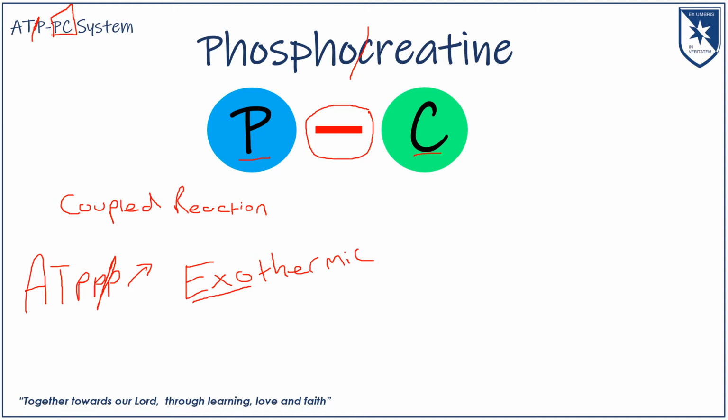Now, why do we call it a coupled reaction? Well, the PC system kicks in, and with phosphocreatine we break it down into its two molecules, and again that would be an exothermic reaction. We use this to fuel something called an endothermic reaction.